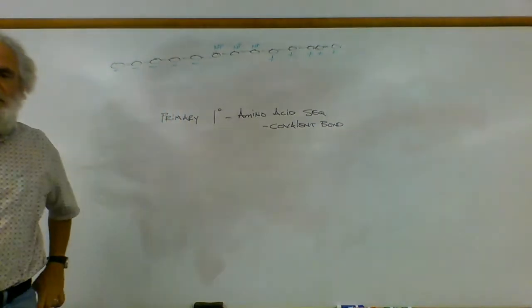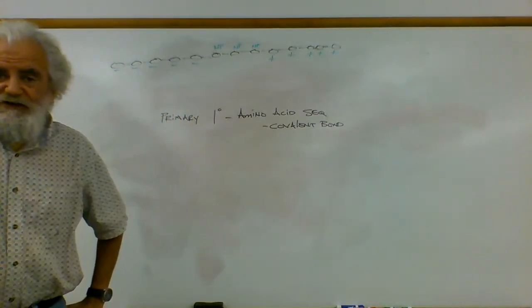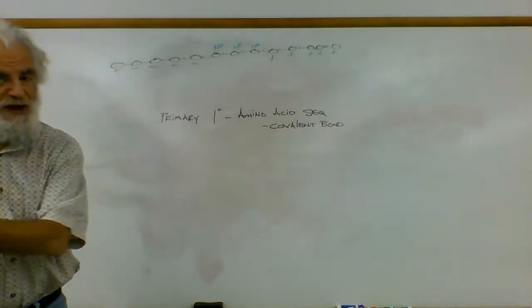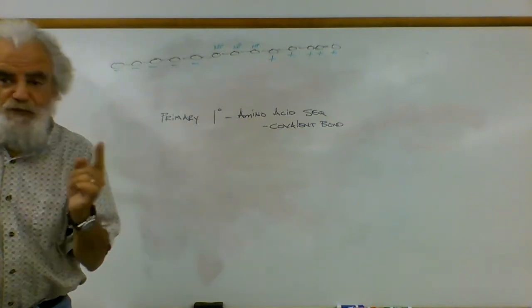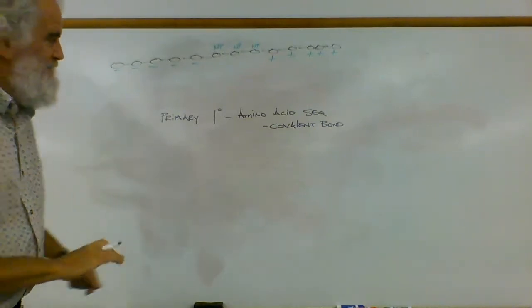All right? That is something we can very easily diagram because it is simply the amino acid sequence, held together by a covalent bond. We're not breaking that unless we set the protein on fire.